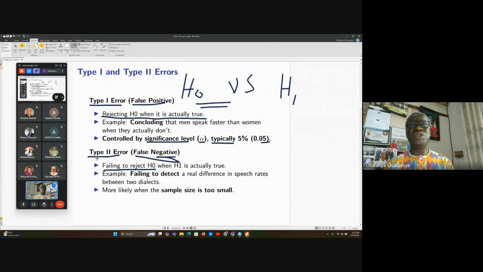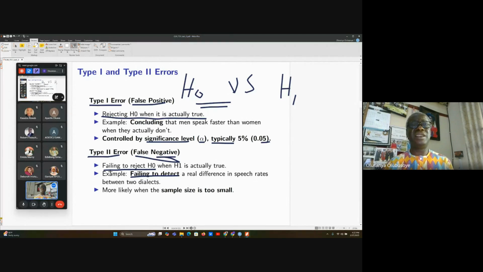So you should know the difference now. So example, if you fail to detect a real difference in speech rate between 2 dialects, then you have committed type 2 error.